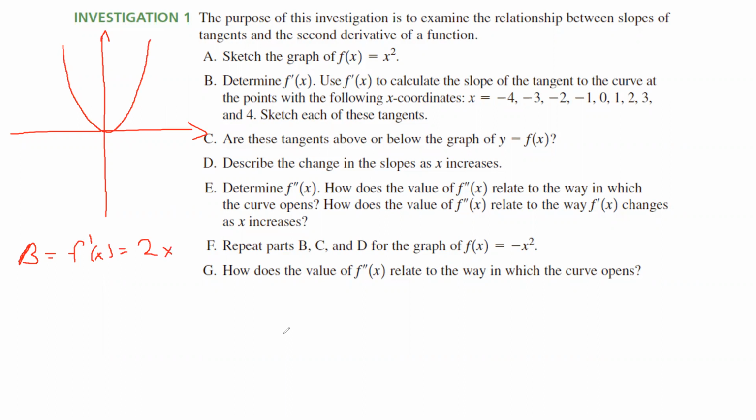Equals 2x, right? So now let's evaluate it for given values of x. Let's take two values to the negative, one neutral, and two to the positive, right? So for example, -4 would give us -8.